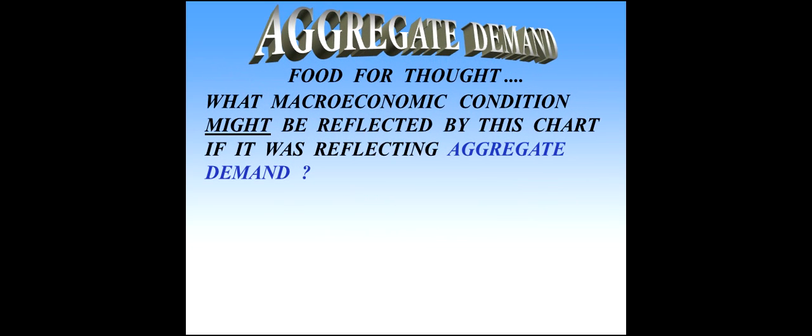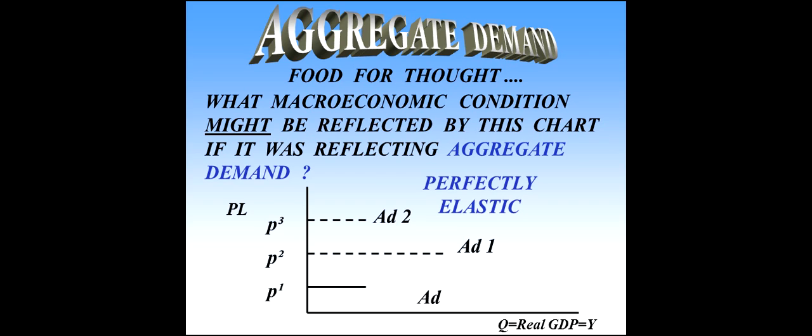Now, I would like for you to keep in mind that chart that we just looked at for a perfectly elastic good. And I'm going to make a slight alteration to that, and I'm going to ask you to consider the following. What macroeconomic condition might be reflected by this chart if it was reflecting aggregate demand, meaning the total demand in a society or an economy? And here's our chart again, and here's the alteration that I've made.